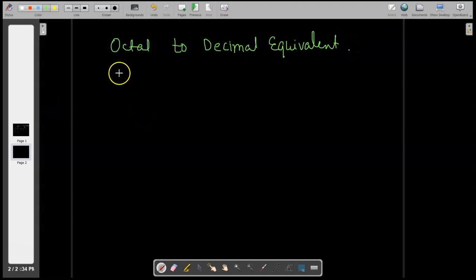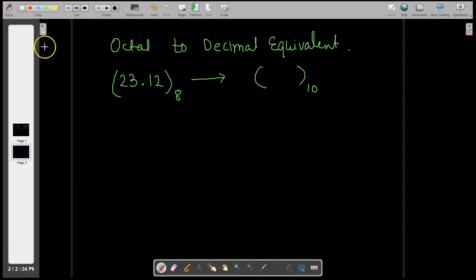Okay, so how do we do that? We'll take any number which has a base of 8. So suppose I'm taking 23.12, you can take decimal also. So it is a base 8. You have to convert it into its decimal equivalent.